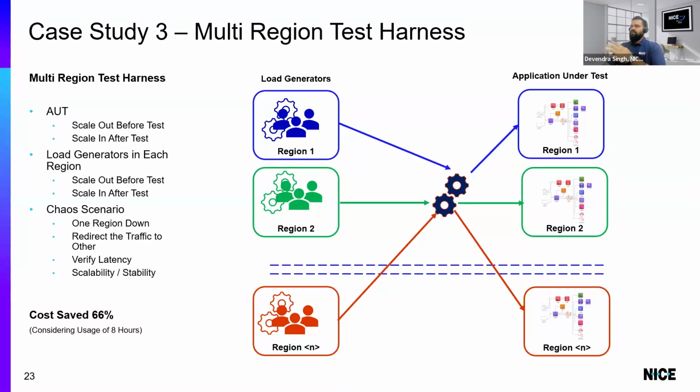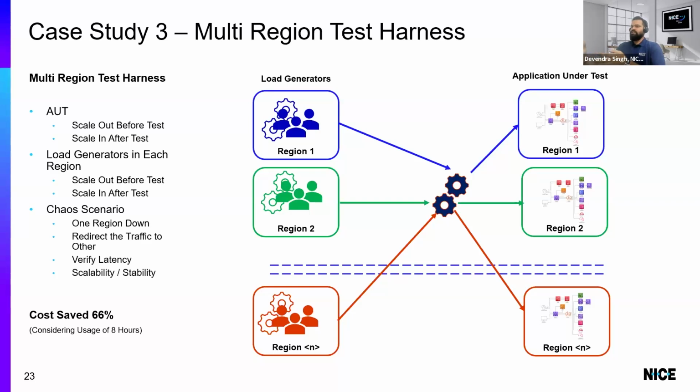Now, considering my team is sitting in India and we are keeping this environment up and running, all the LGs and the application up and running 24/7, this will incur a lot of cost, because one application cluster can incur thousands of dollars. If we have multi-region, it could be multi-thousands of dollars. My whole team is sitting in India only, so their working hours will be somewhere around 6 to 8 hours in the India time zone.